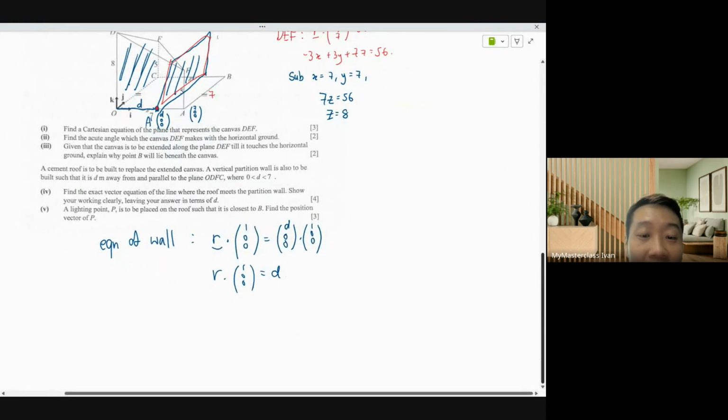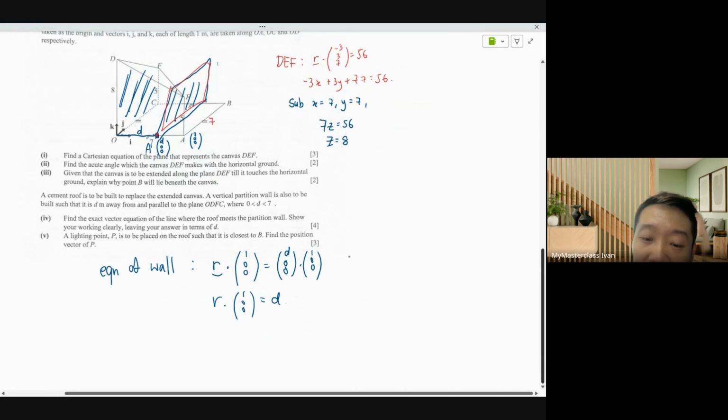Now, what was the roof? This guy is called x equals d. Find the exact vector equation of the line where the roof meets the partition wall.